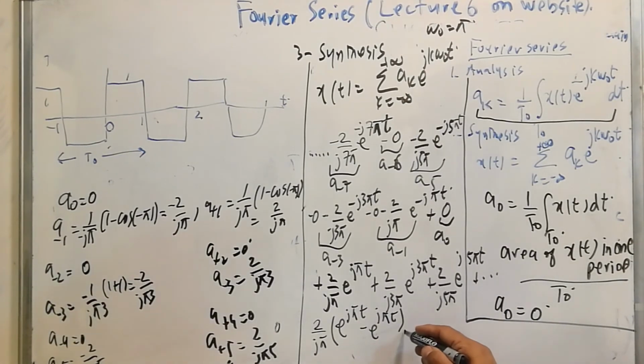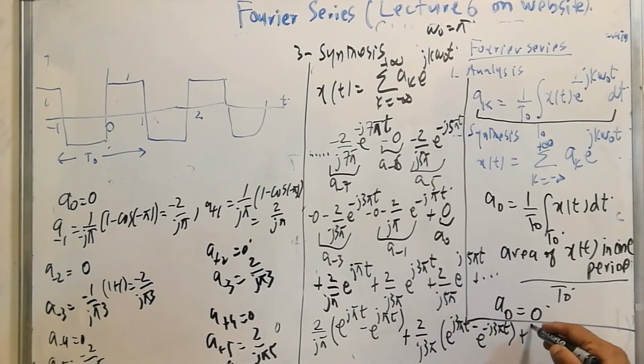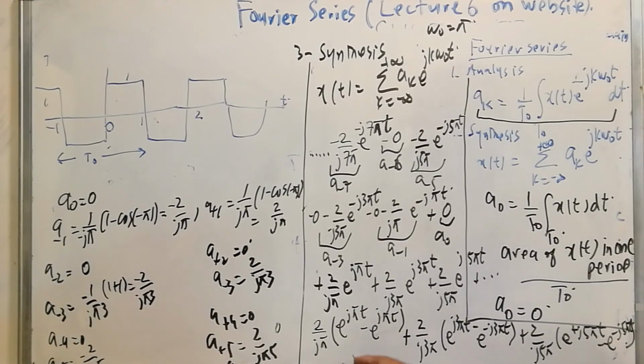So I can write all these plus 2 over j 3 pi times e raised to the power j 3 pi t minus e raised to the power minus j 3 pi t plus 2 over j 5 pi times e raised to the power plus j 5 pi t minus e raised to the power minus j 5 pi t, and so on. And this goes to infinity.